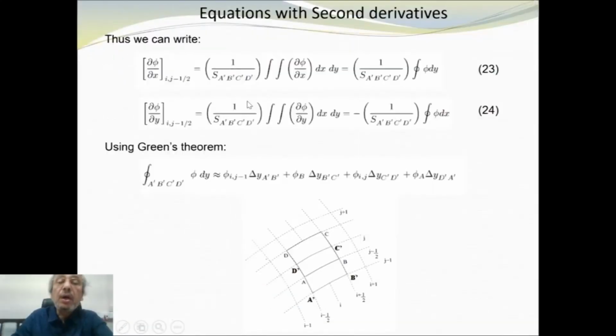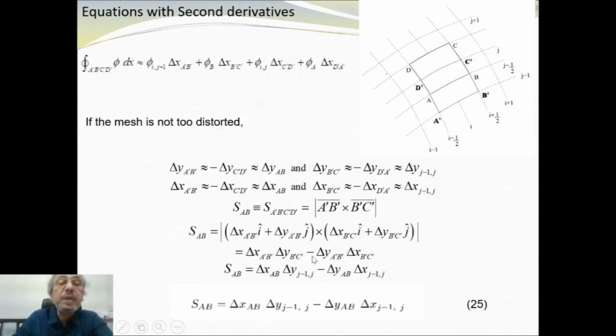Now equation 24 is integral phi dx over again this area a prime b prime c prime d prime.